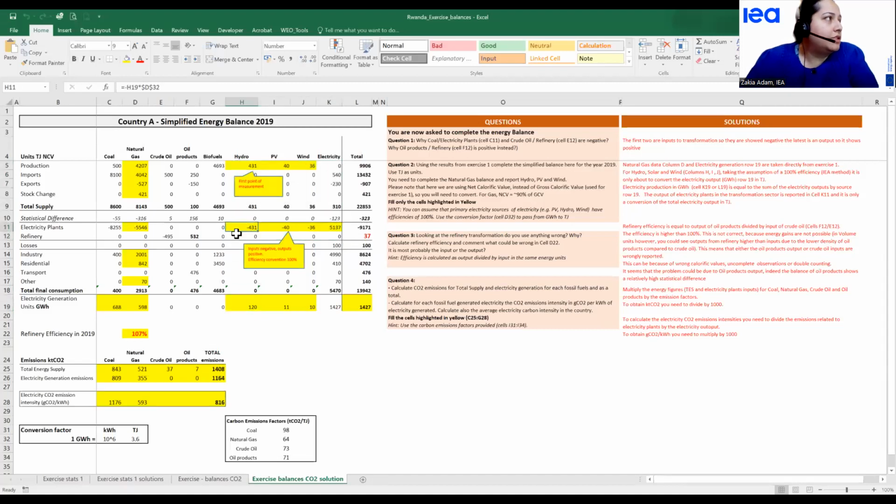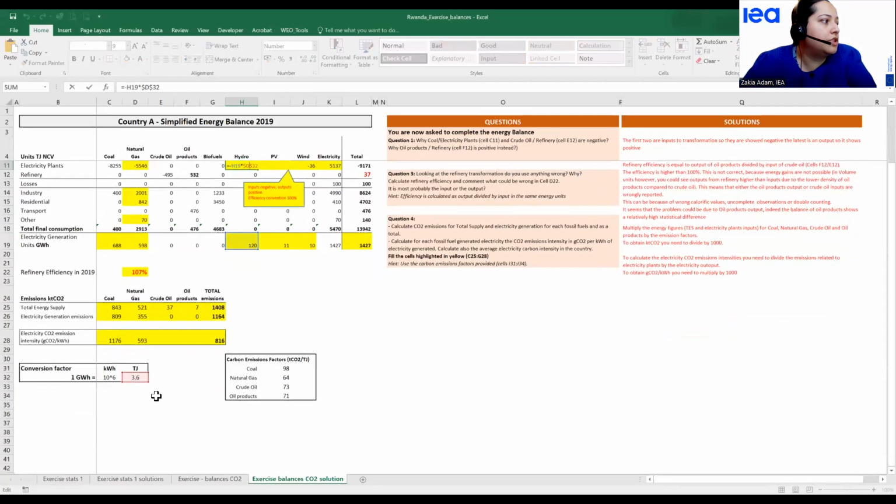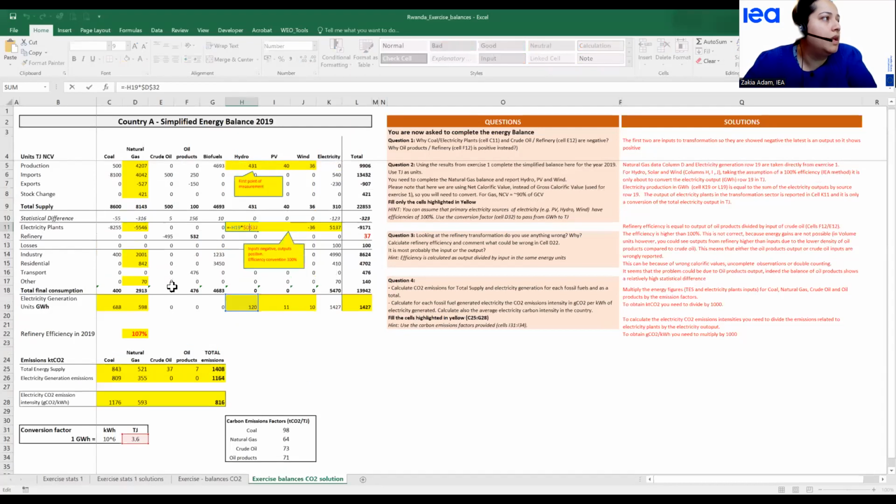For these three, we will also have to report this part. For electricity plants, the amount of hydro, given it's 100% efficiency based on the methodology, we just have to convert to terajoule, because here it's in gigawatt hour and here it's in terajoule. So you take your amount in gigawatt hour and multiply by the conversion factor provided here: 1 gigawatt hour is 3.6 terajoule. So you get your data in terajoule.